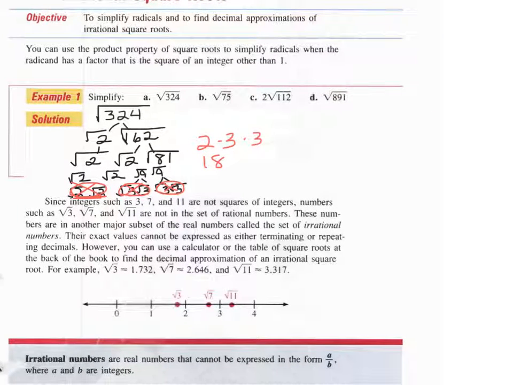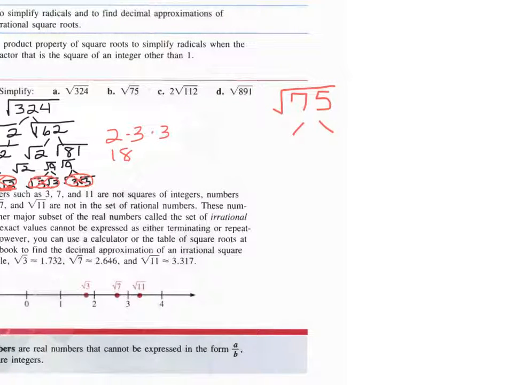So 75, again, think of 2 numbers that will multiply to give you 75. Now, I could do 3 and 25, and that would go right to a perfect square. And if you were good at recognizing perfect squares, you could just square root the 25 and the 3. But let's say you didn't start with that.